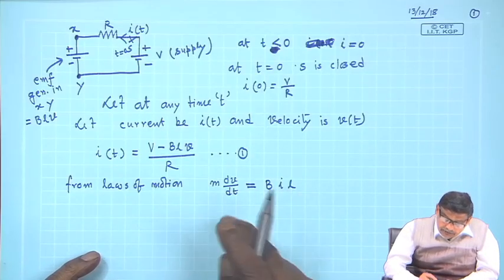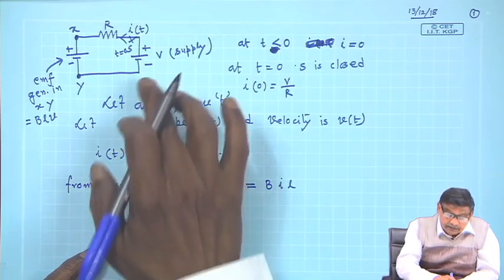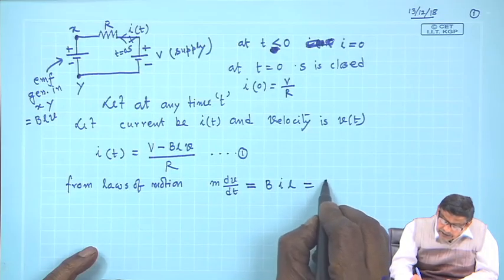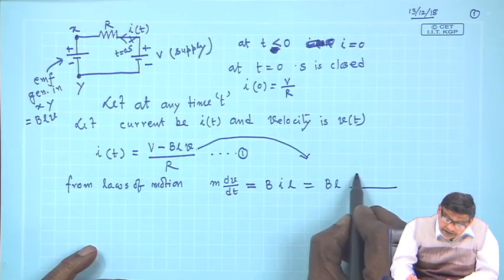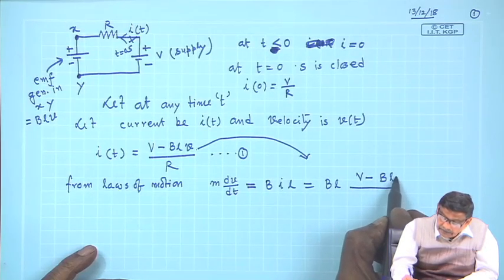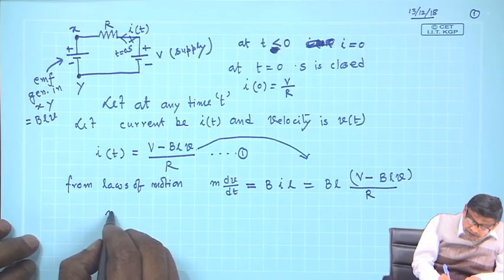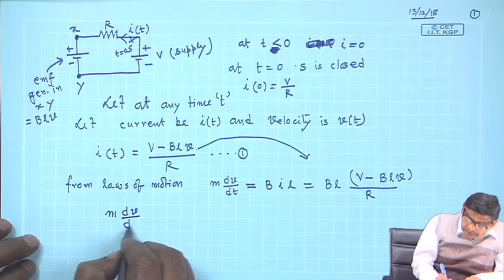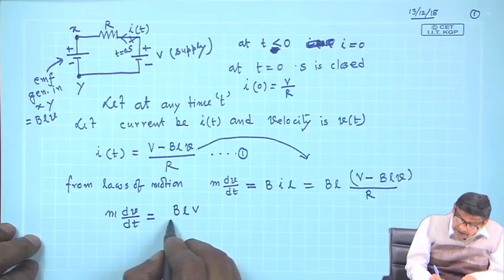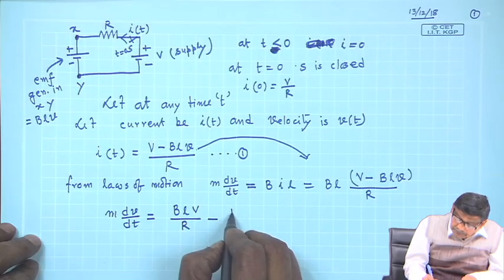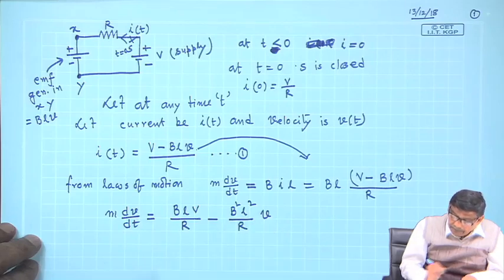Now, I will first solve for velocity. Small v is velocity, not voltage; capital V is the supply voltage. So, this can be written as B into L, and for i you put this expression (V minus B L v) divided by R. Therefore, m dv/dt is equal to B L V by R minus B square L square by R into v.